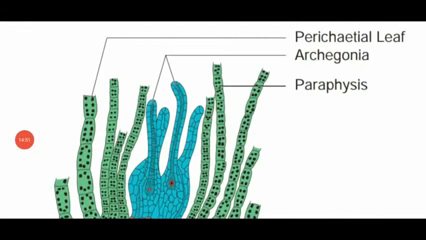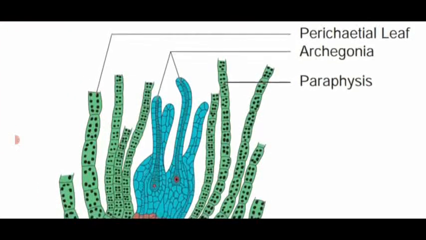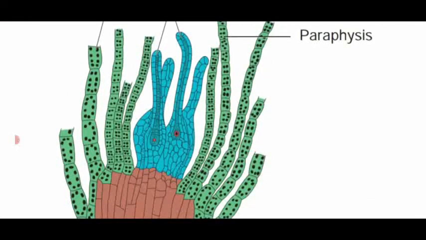Dear students, this is the structure of the archegonial head. This archegonium is produced in a cluster of archegonial branches, which is produced at the base of the antheridial branch in a lateral position, that is side position.